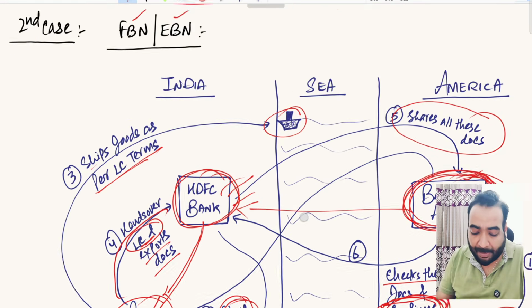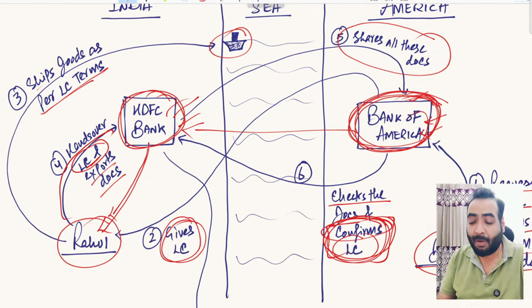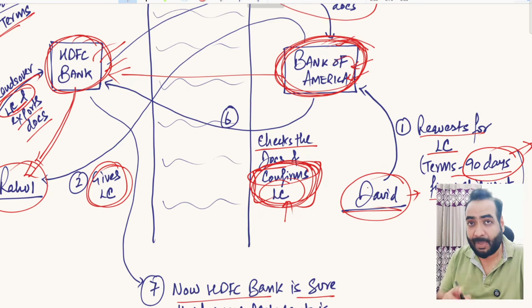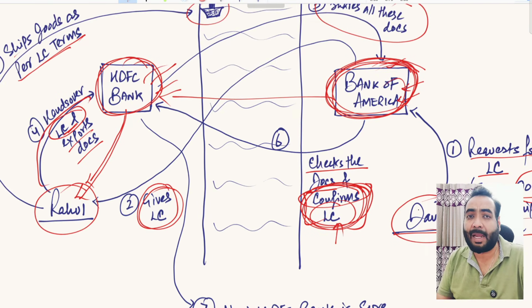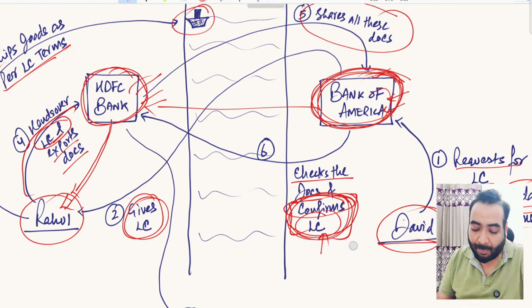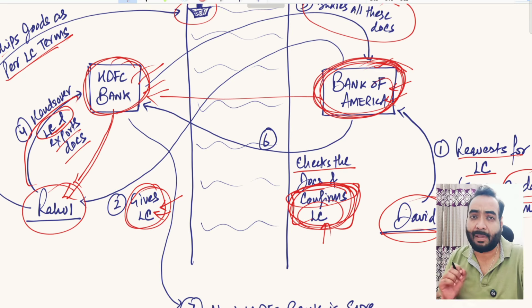So if you are taking facility of FBN or EBN from the bankers, basis confirmed LC, I am repeating, confirmed LC, then there is no need to give any collateral security to the bankers, because LC in itself represents a security only. It is a security only, right? So no other additional collateral is required by HDFC Bank in this scenario.